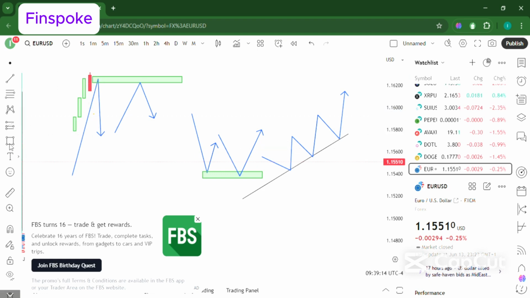If I also see a candle that entirely engulfs, that swallows this bullish candle at this level, I will also sell. So these are the possible conditions where I will sell. If I don't get a bearish signal at this level, I will not sell.